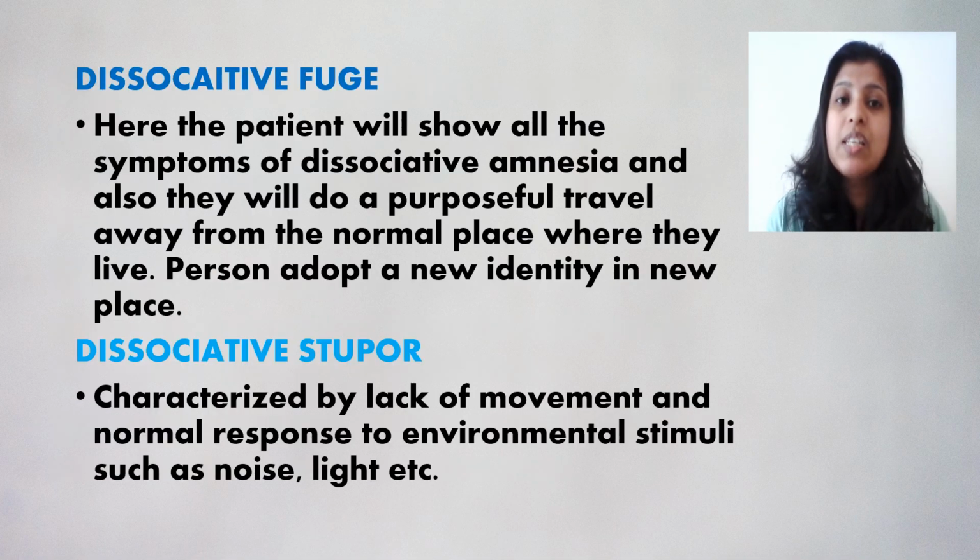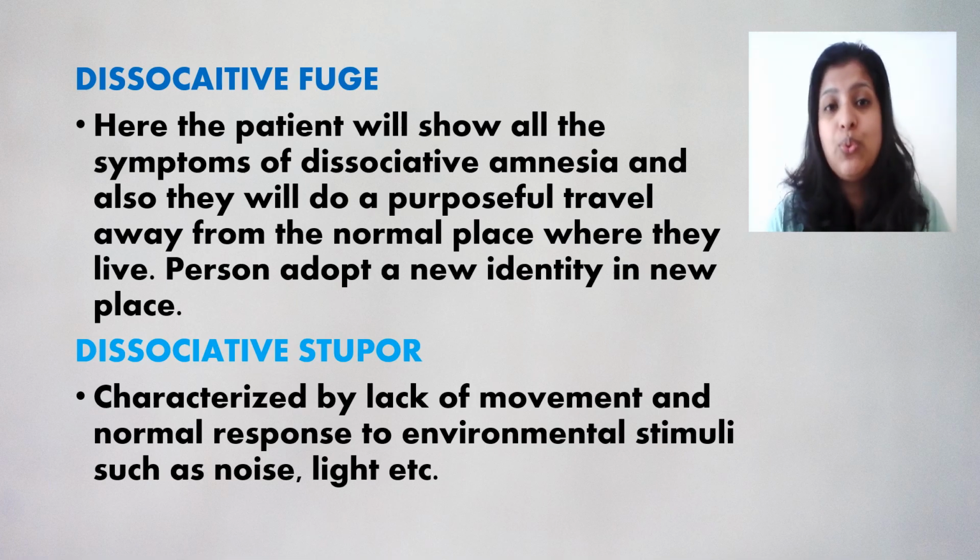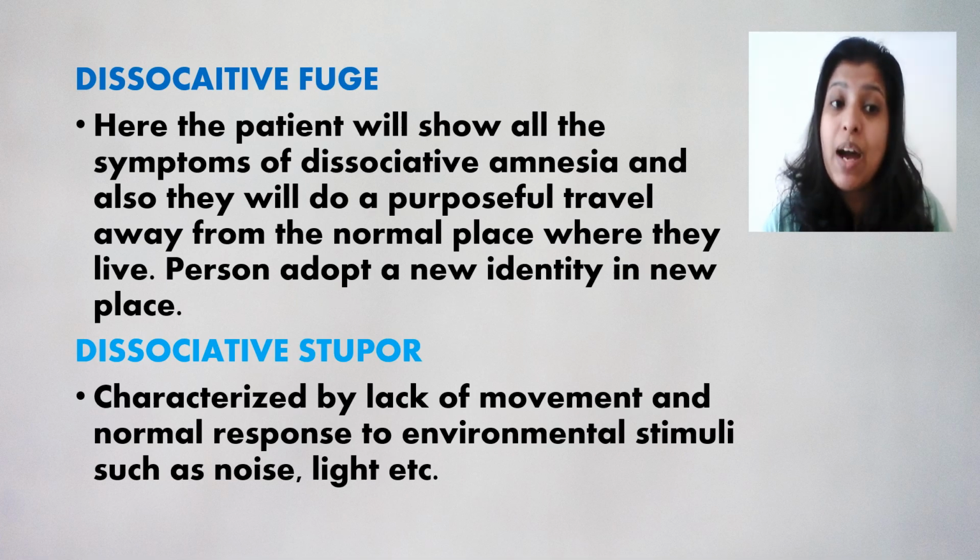And apart from that, some more types of dissociation and conversion disorder we can see. Among that, the first one is dissociative fugue. In dissociative fugue, you will see dissociative amnestic symptoms like loss of memory, loss of identity. Apart from that, one more thing we can see in dissociative fugue: you will travel away from the place where you are presently living. Purposeful travel you can see here.